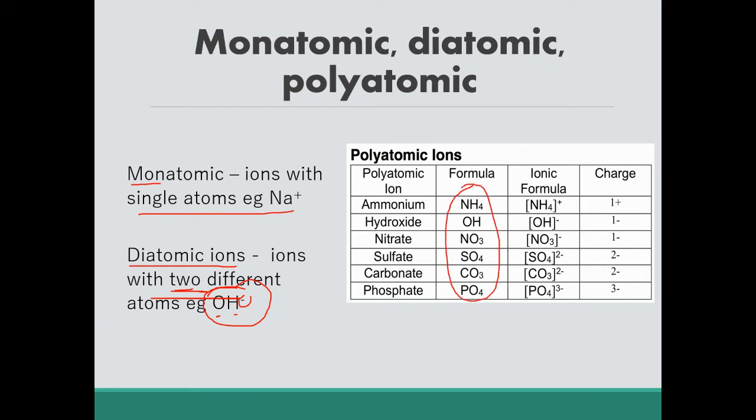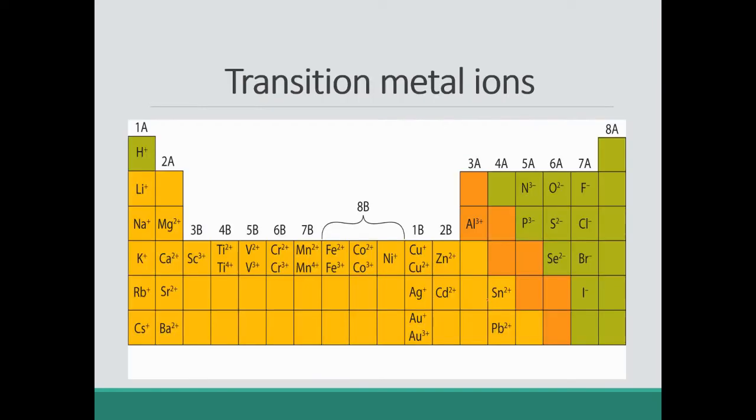Poly means many. We've got ammonium, which has a charge of +1, hydroxide, and others with charges of 1 minus, 2 minus, and 3 minus. These are all polyatomic ions.